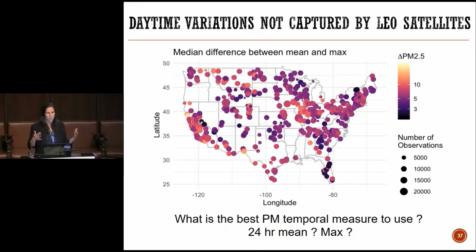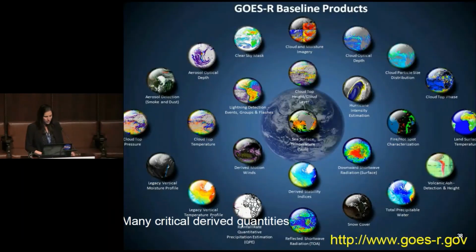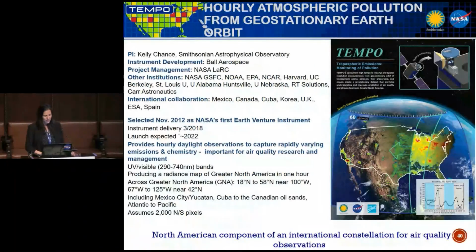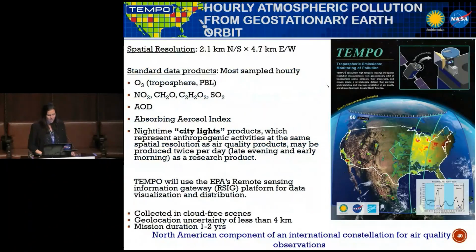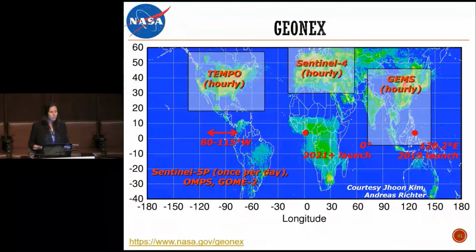We use 24-hour average, but do we breathe average air? So the upcoming geostationary suite with satellites giving very high temporal resolution products might be able to answer this question. And since I have one more minute to talk, I'll just show you this map.